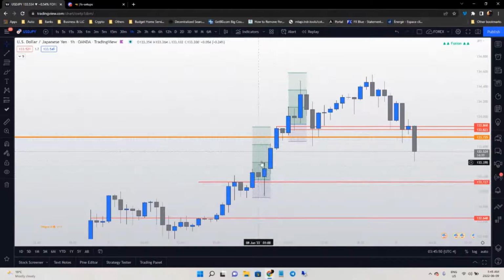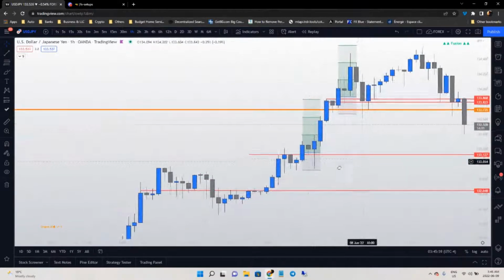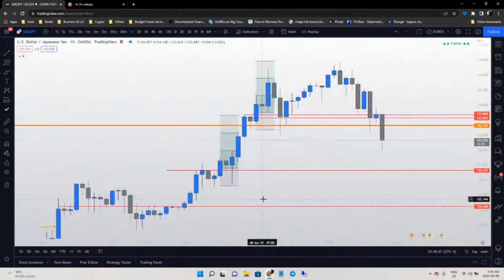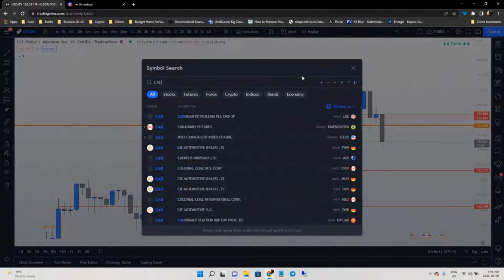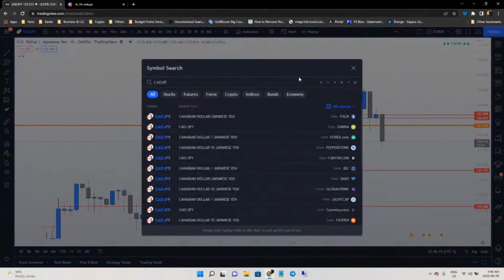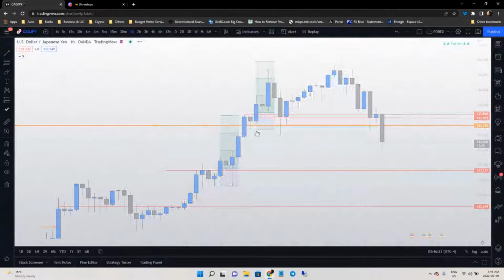So that's why I always secure partial profit on each TP zone. This is how you basically secure your account overall by doing that. Perfect. And we'll look at CAD JPY. CAD JPY is one of the biggest winners here, and now we'll see CAD JPY.